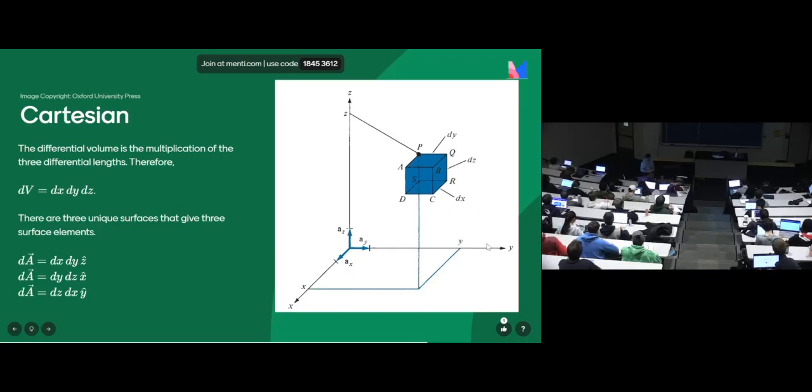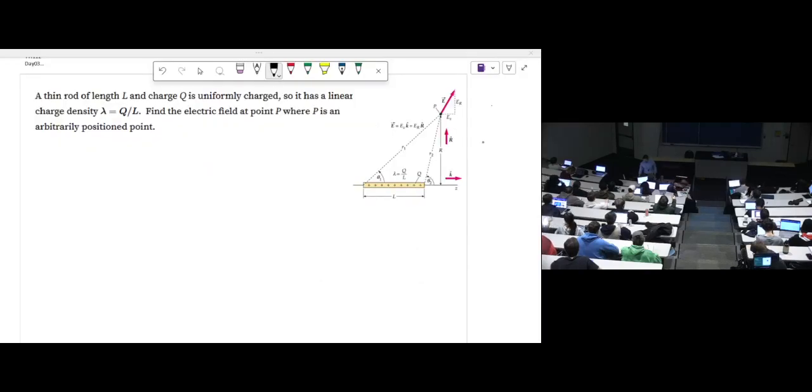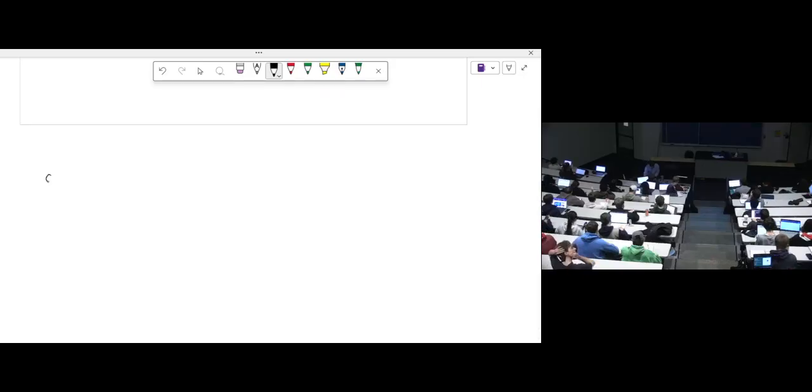One thing that I didn't write up there that I would like to come back to now is that when we're taking a line integral, which is the problem that we're going to start with today, when we're taking a line integral in Cartesian coordinates, the differential line element, dl, is going to be equal to dx times i hat plus dy times j hat plus dz times k hat.